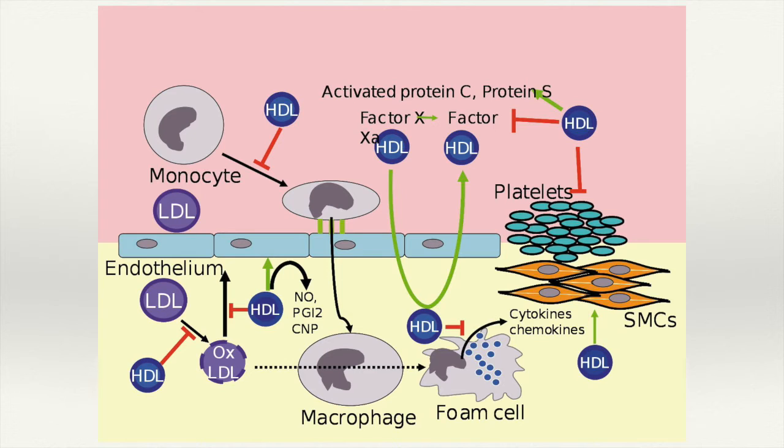The platelets also can cause problems if they form a clot on the surface. You can see the HDL is beneficial and it helps get rid of some of these saturated fats, and it has other benefits in reducing inflammation.